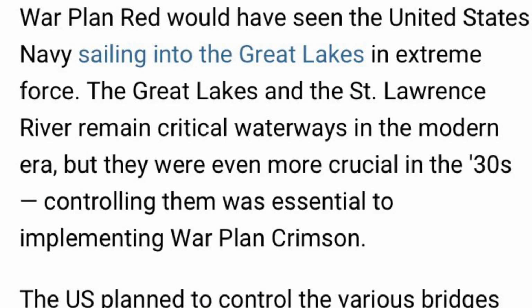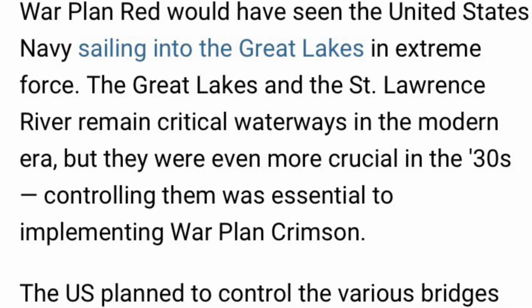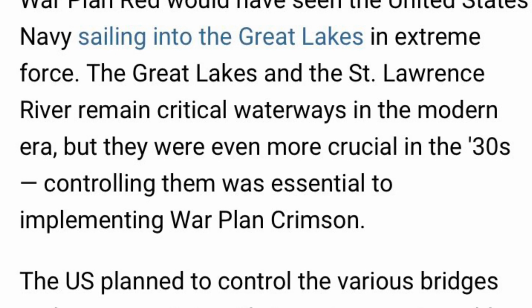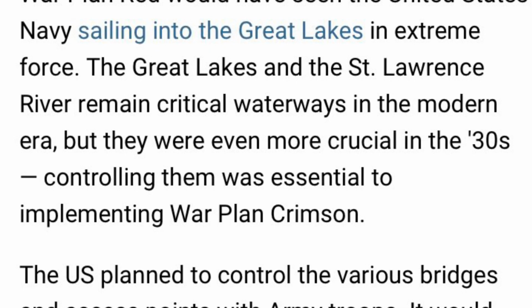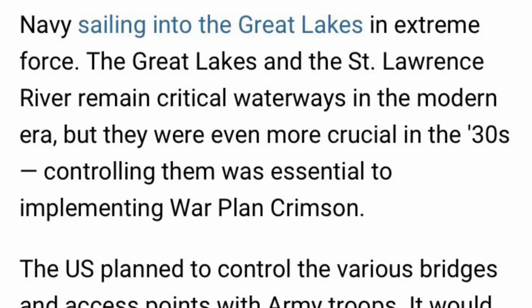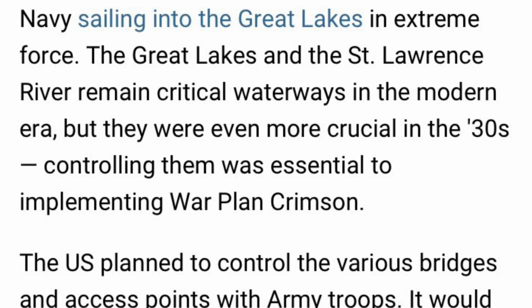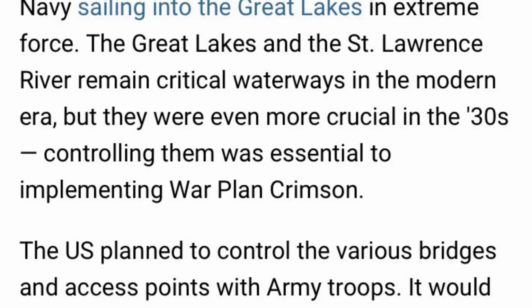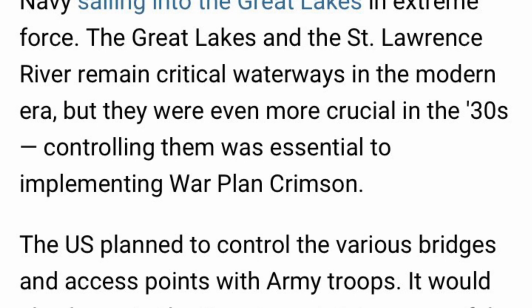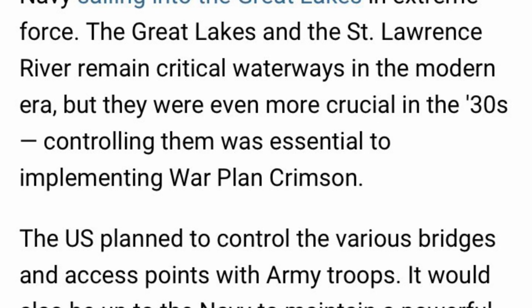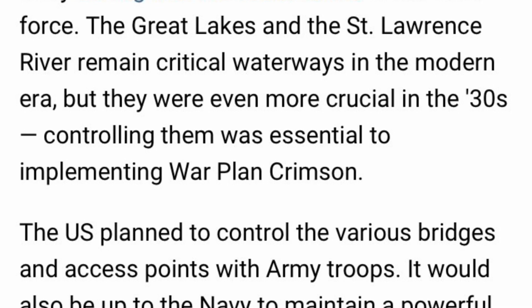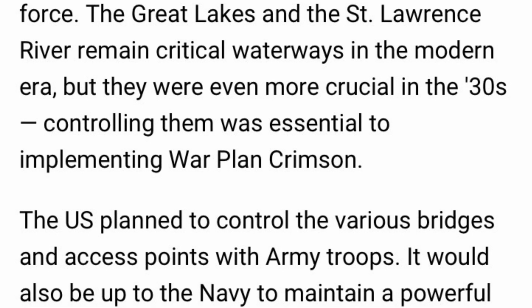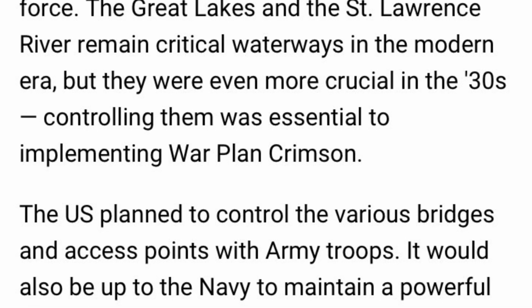War Plan Red would have seen the U.S. Navy sailing into the Great Lakes in extreme force. The Great Lakes and the St. Lawrence River remain critical waterways in the modern era, but they were even more critical in the 1930s. Controlling them was essential to implementing War Plan Crimson.